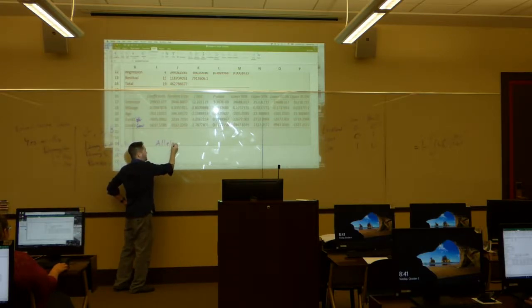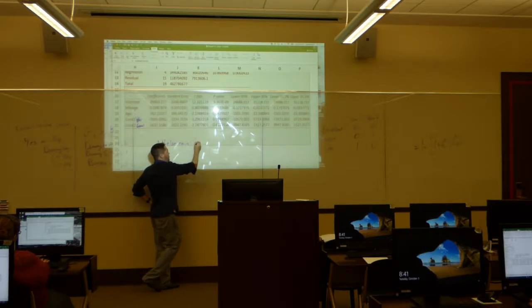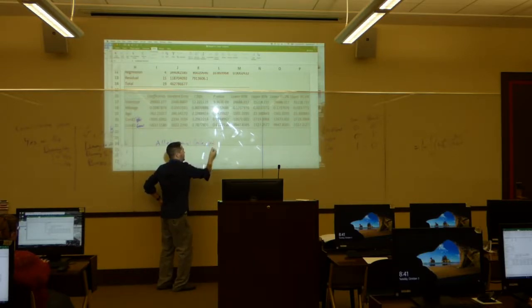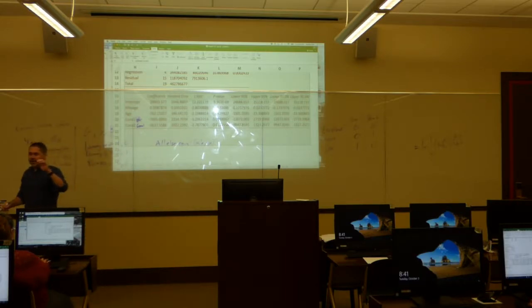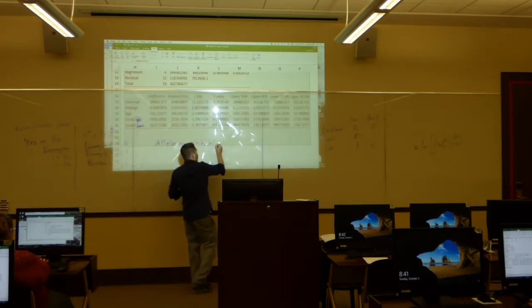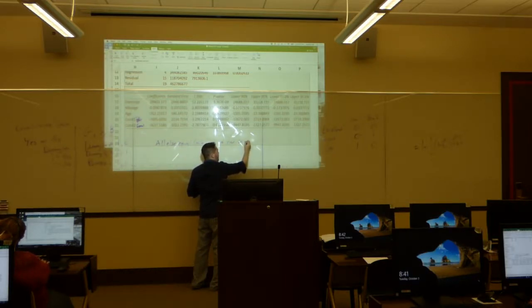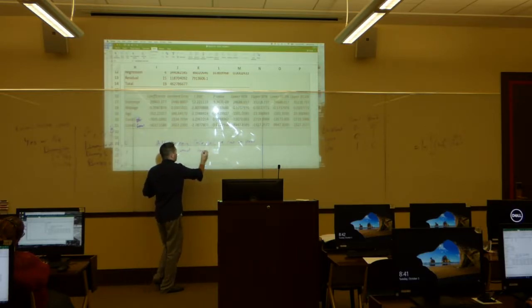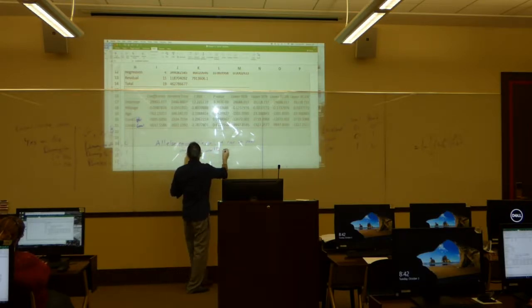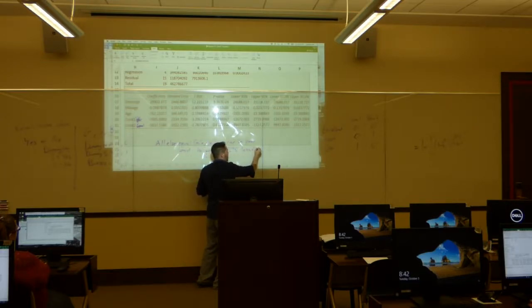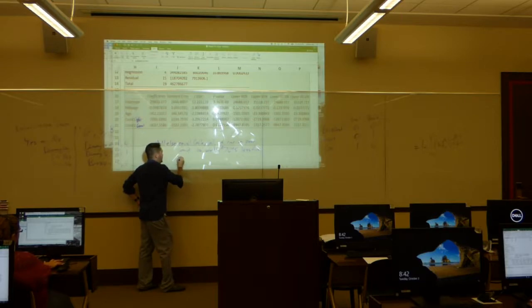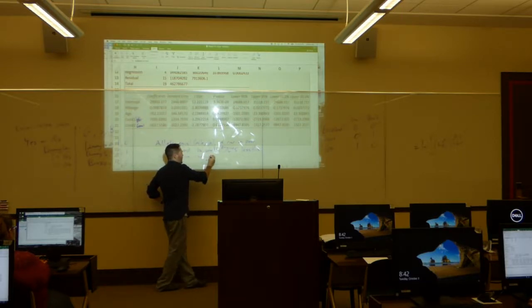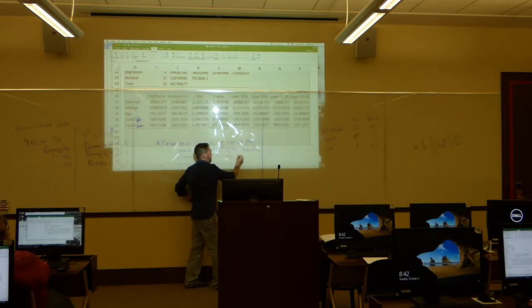All else equal, mileage and age. All else equal, same mileage, same age, a car in poor condition is worth $7,695 less than the same car in excellent condition.